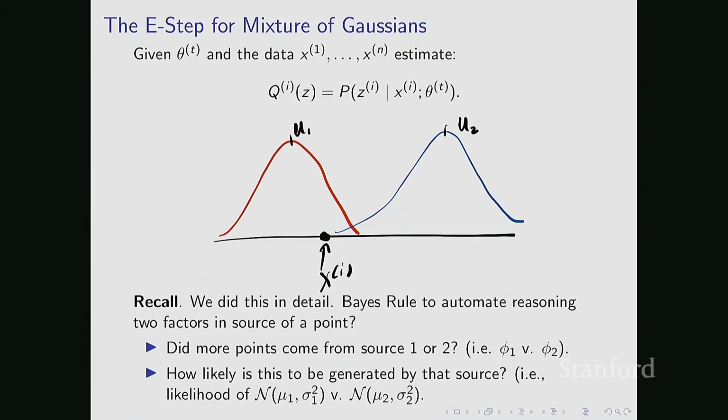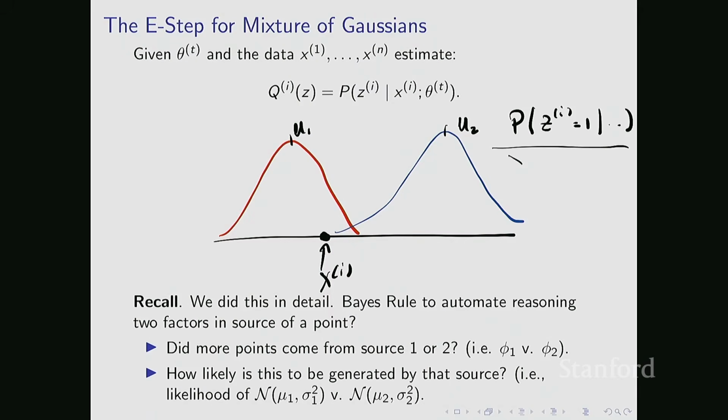So basically you'd compute z_i equals 1, let's say, given all the rest.